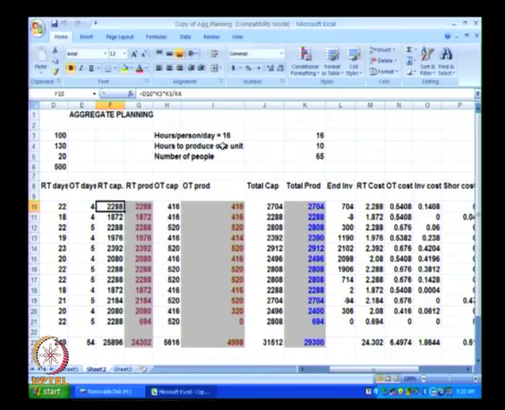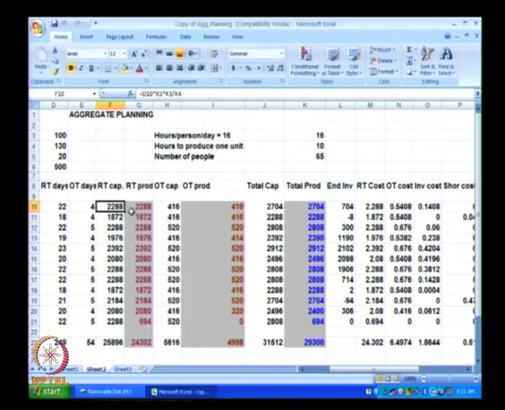Now the 104 comes out of this 65, which is the number of people who are working. Now can we increase the number of people working in different months so that the regular time production capacity and the overtime production capacity can also vary?